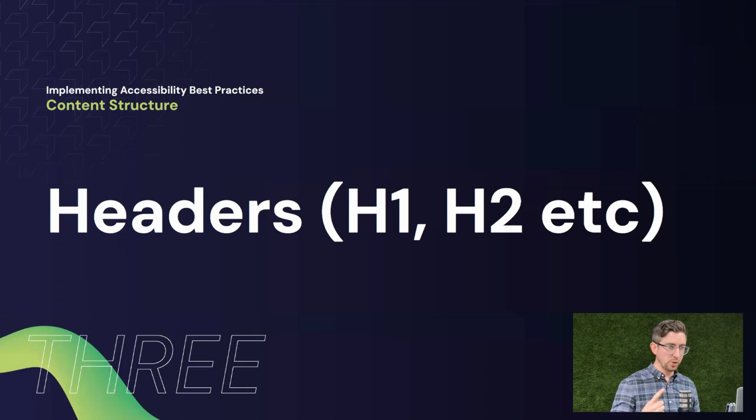So the rules are you should only ever have one H1 on a page, and that is the main title, the purpose of that page. So whether it's about us or our services, or if it's a blog page, it might say insights or blog, or it might be the title of the blog post itself. So you have that one H1. You should never have more than one of those.